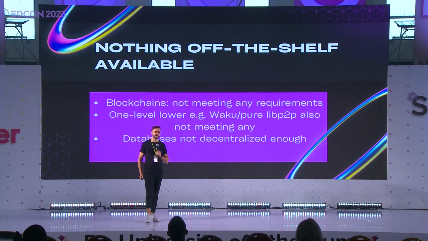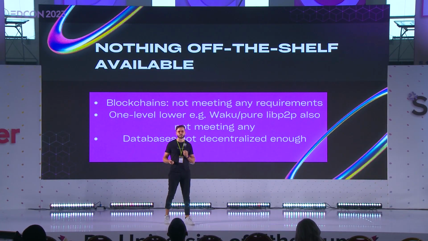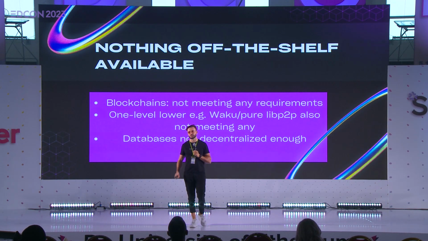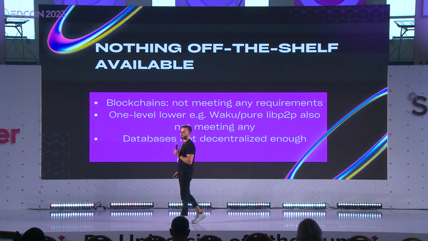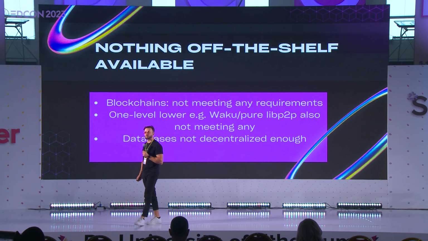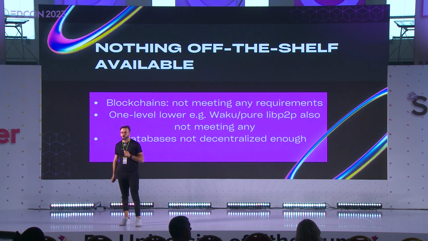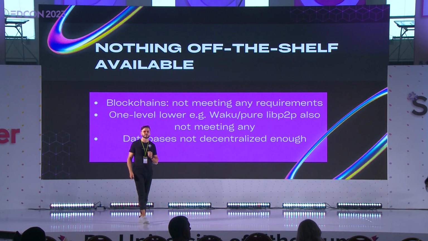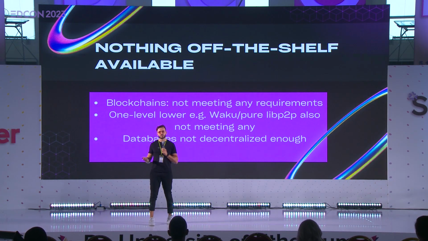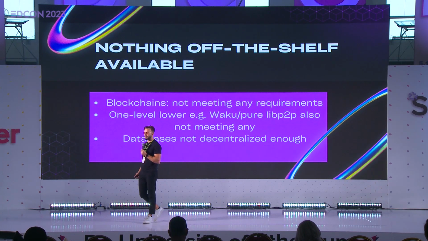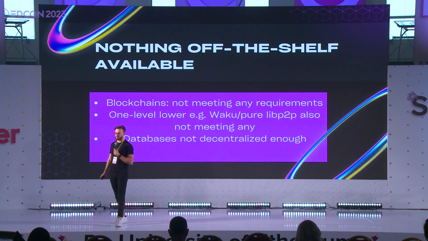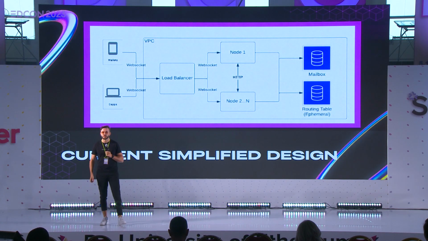When you look around at what other systems meet those requirements, there's not much around. Blockchains are too expensive. A level lower, libp2p and Waku are also too slow and too expensive to meet all the throughput and latency requirements. And traditional databases aren't decentralized enough.